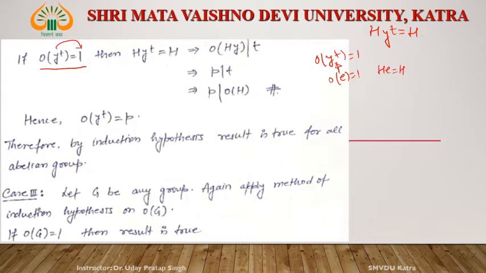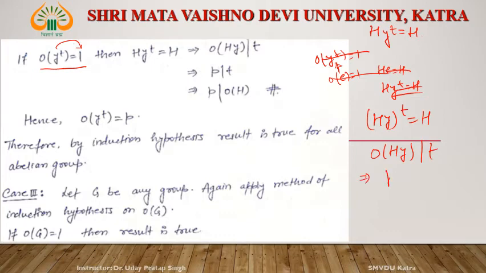He is equal to H. Then Hy^t is equal to H. This implies that (Hy)^t is equal to H, so the order of Hy divides t. But the order of Hy is p, and t is the order of H. Okay, it means p divides the order of H.